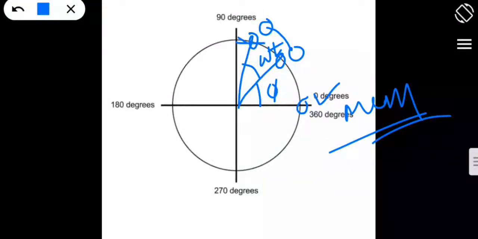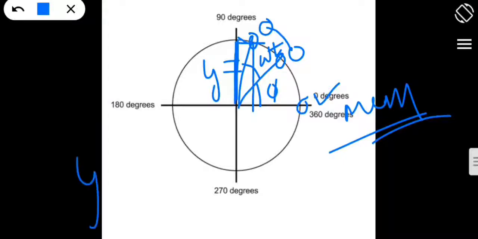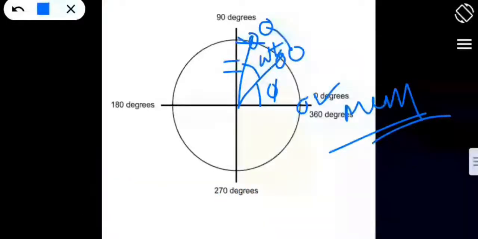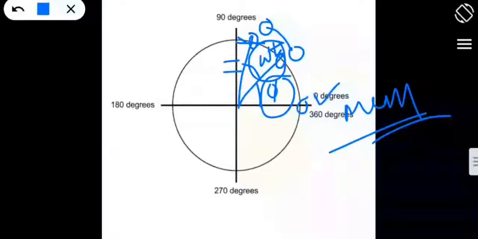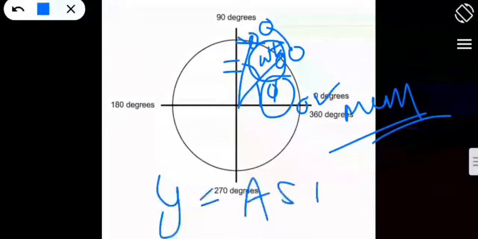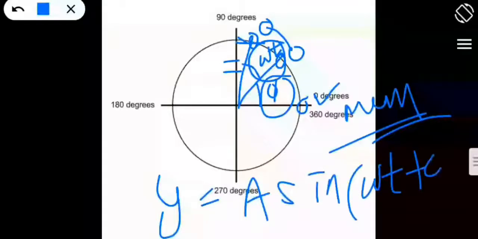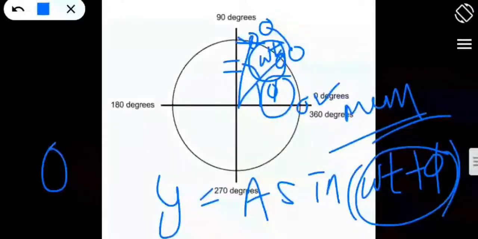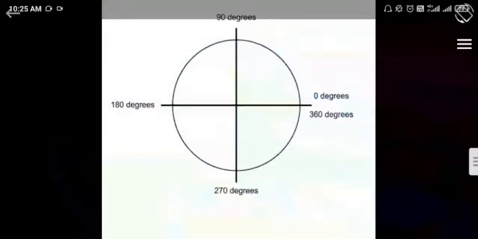Take a foot like this. This is y, the position. The y formula is a sine of the total angle. What is this total angle? It is phi plus omega t. So y equals a sine (omega t plus phi), where omega t plus phi is the total angle theta, because we calculate from the mean position to the final point.